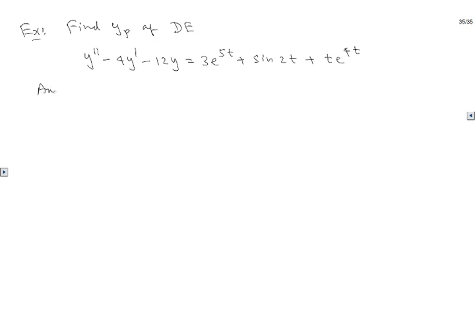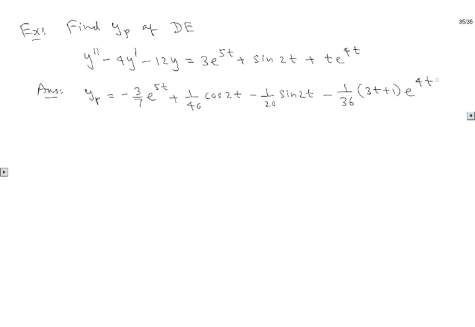So I'm going to give you the answer that you should get. yp equals negative 3 over 7 e^(5t). That's the first answer we get. And then 1/40 cosine 2t minus 1/20 sine 2t minus 1/36 (3t plus 1) e^(4t).